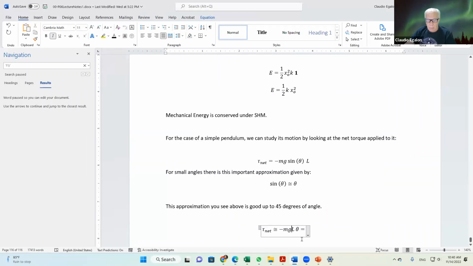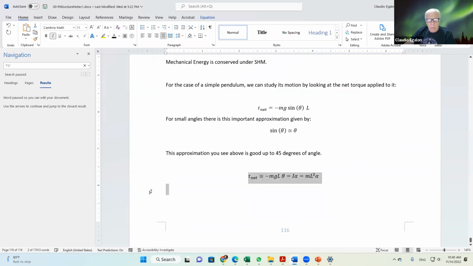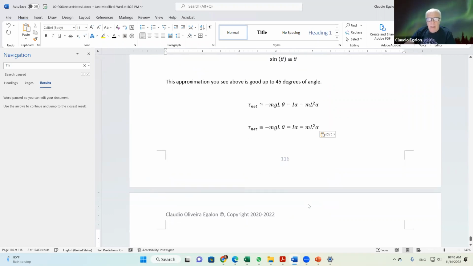Don't forget that net torque is also equal to I times alpha, remember that? For a rigid body. In this case, I is going to be mL squared, because it's a point particle. Remember the moment of inertia of a point particle is mL squared. In your book, let's follow the way that the book does that.